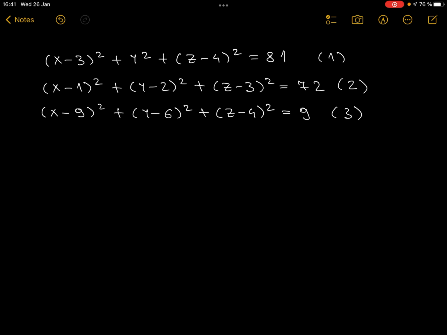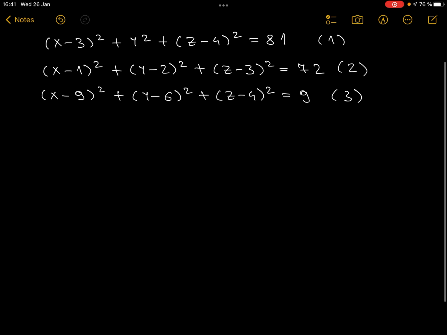The other one whose center coordinates are 1, 2, and 3, with a radius of the square root of 72. And the third one whose center coordinates are 9, 6, and 4, with a radius of 3.